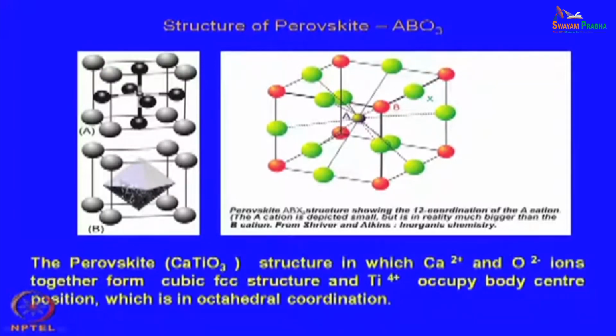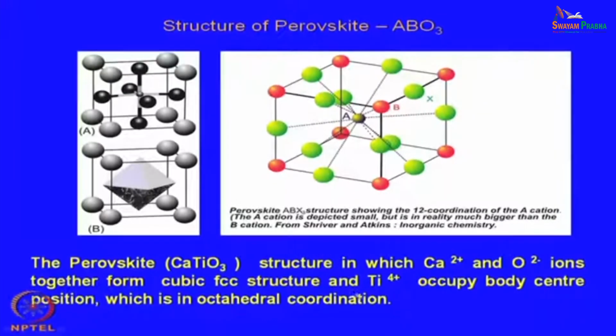So, you have 4 oxygen ions, one on the top and one on the bottom. That is how it forms the octahedron. So, that is the typical structure of a regular octahedron. It can be distorted also in some cases. So, that is the description of calcium titanate, and this has been represented in a slightly different manner, but the same structure is there. More or less it is the same thing.